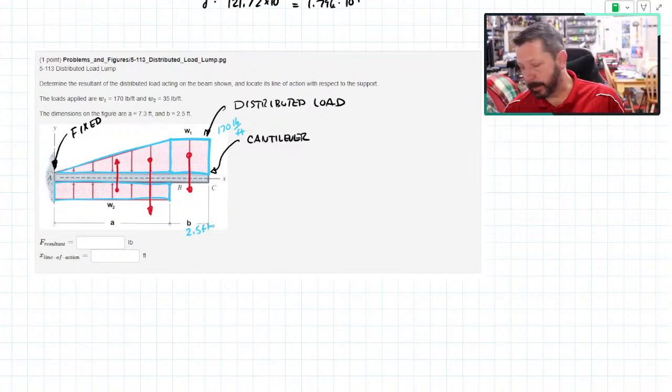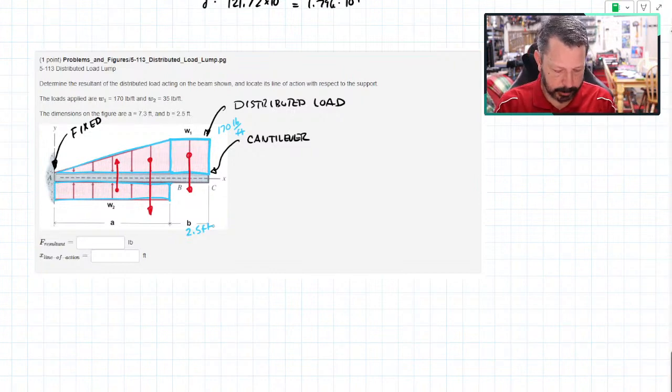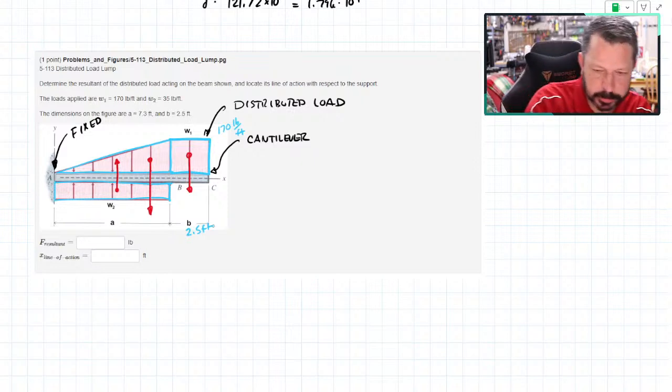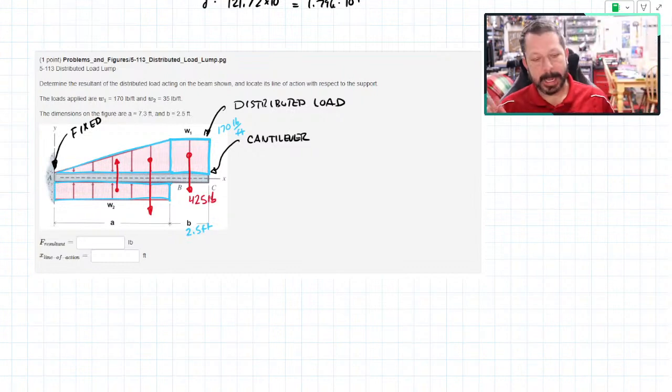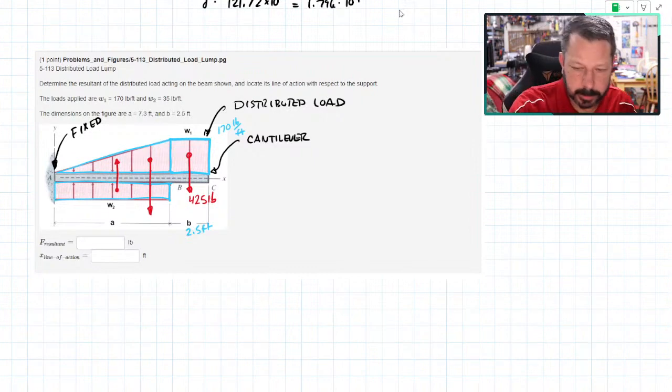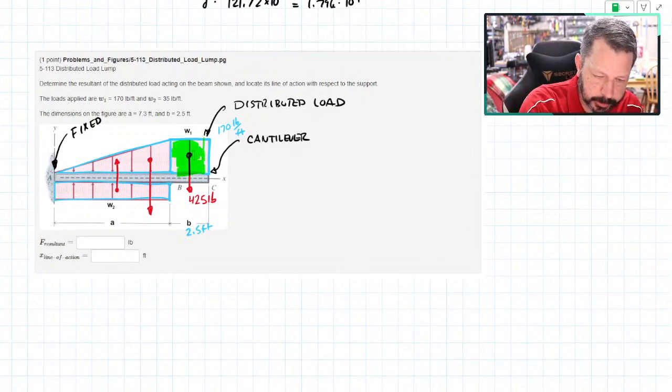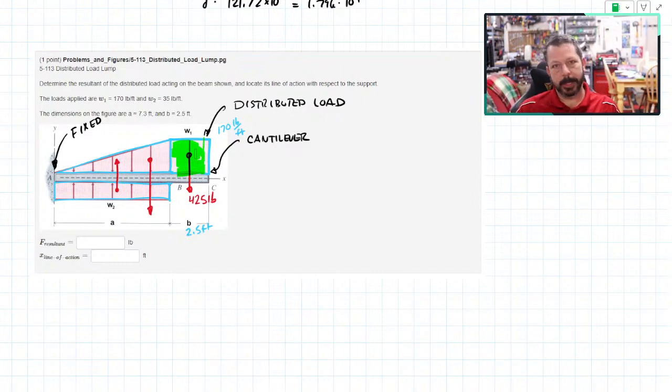If I calculate its area, 170 pounds per foot times 2.5 feet, 170 times 2.5 is 425 pounds. So at the centroid of that little rectangle, I could represent this as a 425 pound point load, like we've been doing.